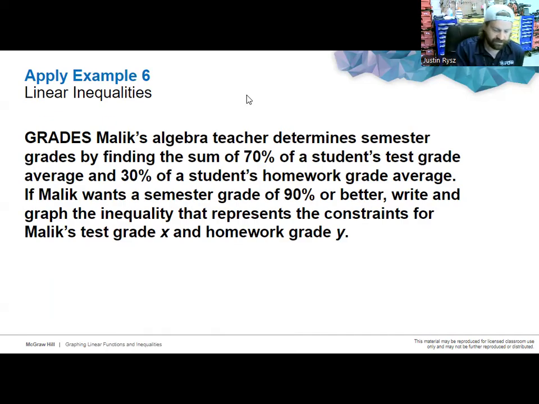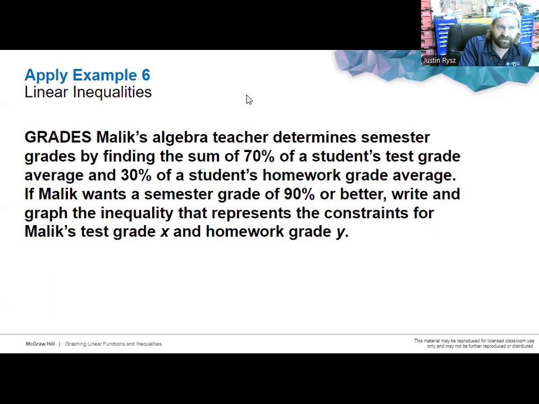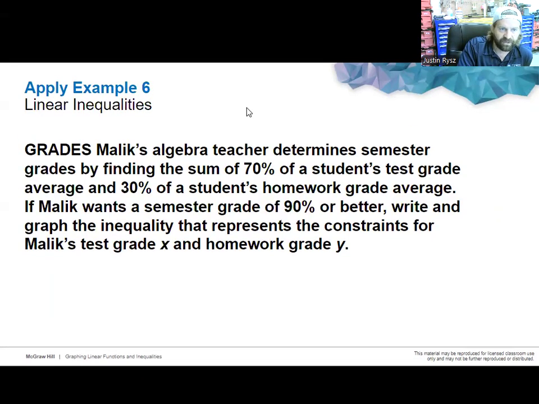Okay, so how could we do that here? Well, let's think about what percentages are. Percentages are decimals, right? And we're going to be adding the two grades together. X is the test grade and Y is the homework grade.